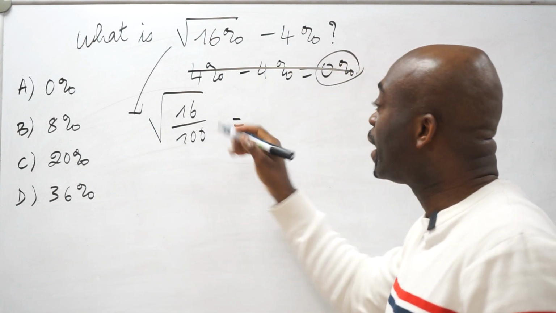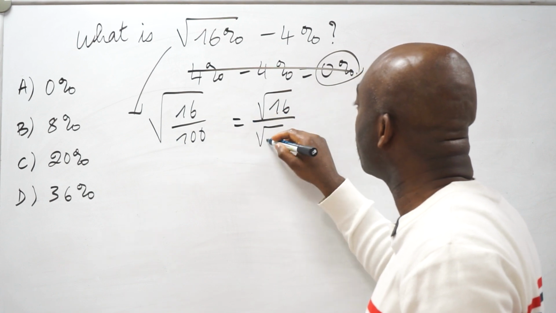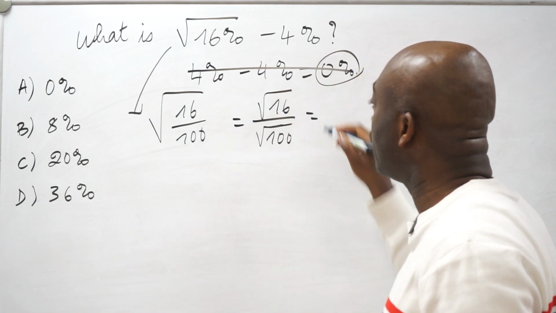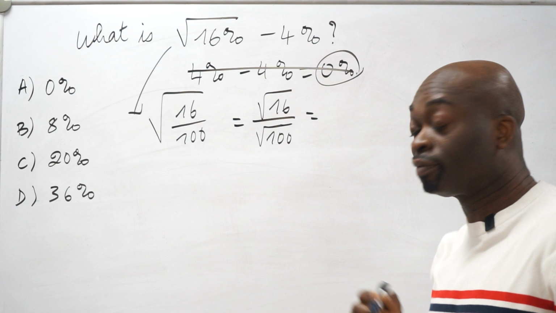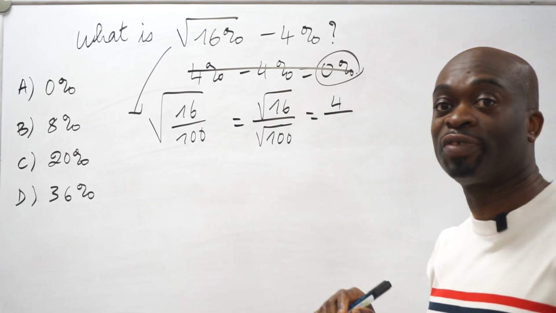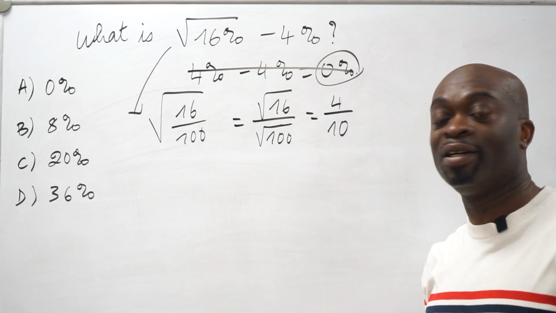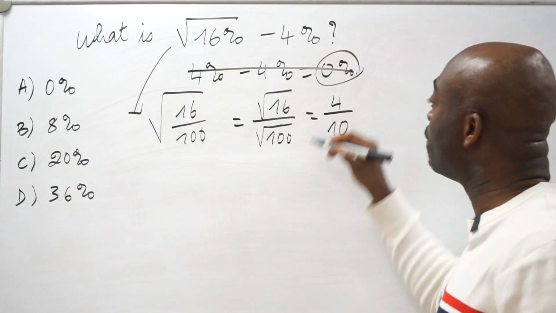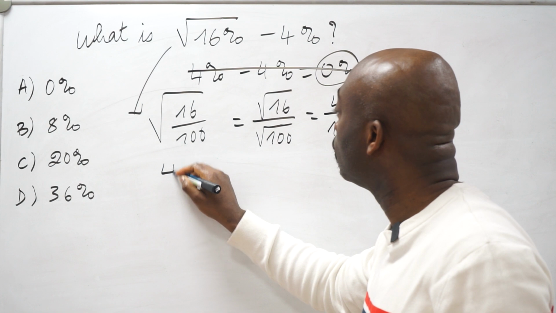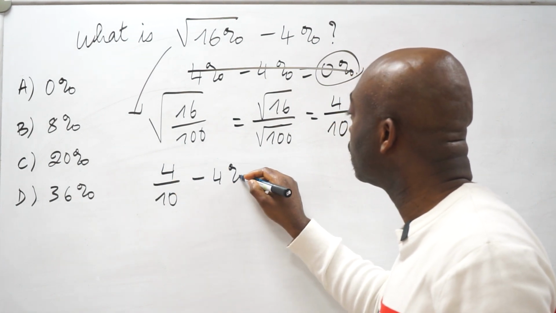That means we can take separately the square root of 16 and the square root of 100. And what is the square root of 16? The square root of 16 is 4, and the square root of 100 is 10. So we end up dealing with 4 over 10 minus 4%.